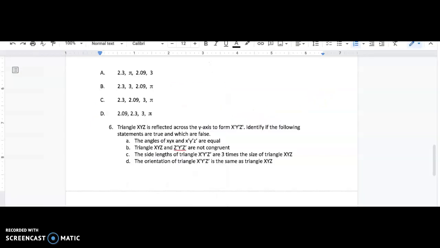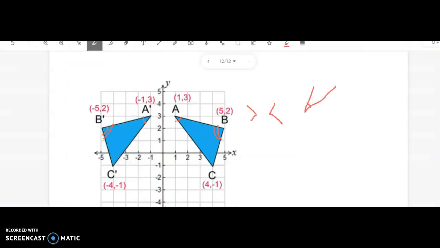Now, looking at the last one, the orientation of the triangle is the same as XYZ. Orientation refers to the positioning of the shape. Is it the same position?